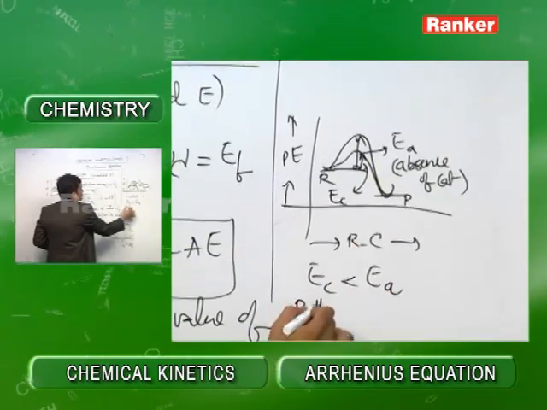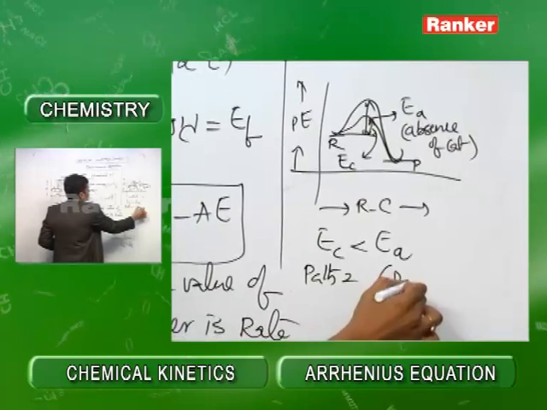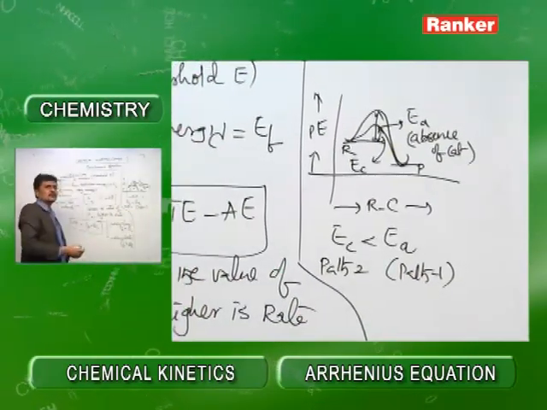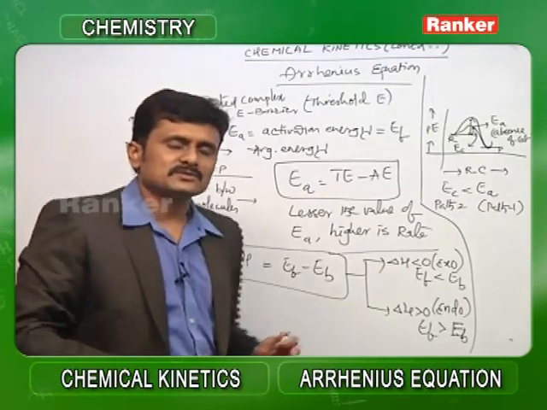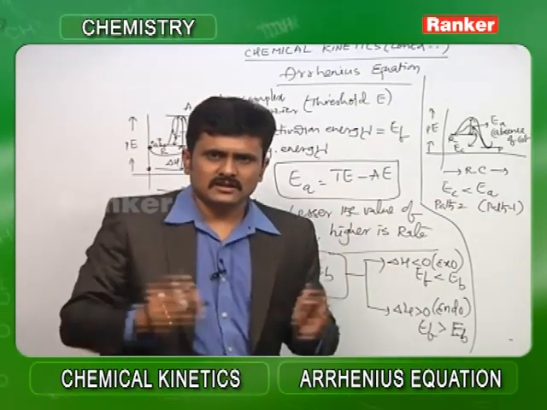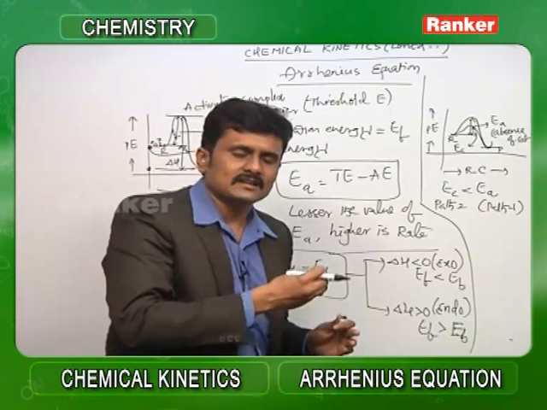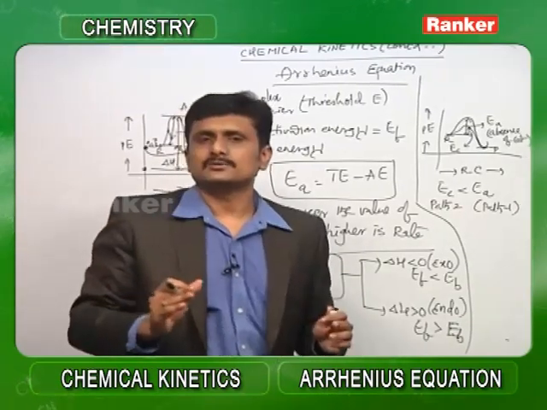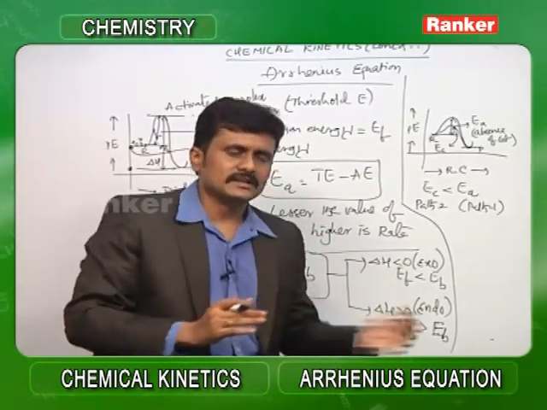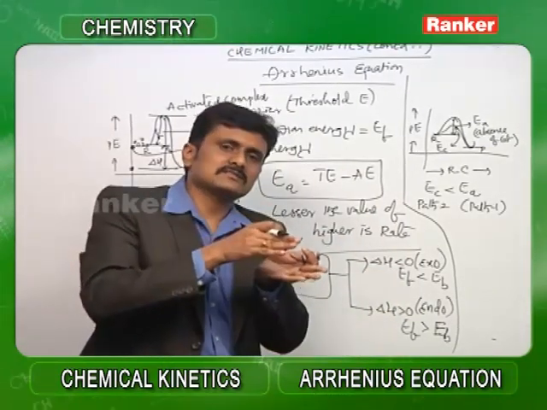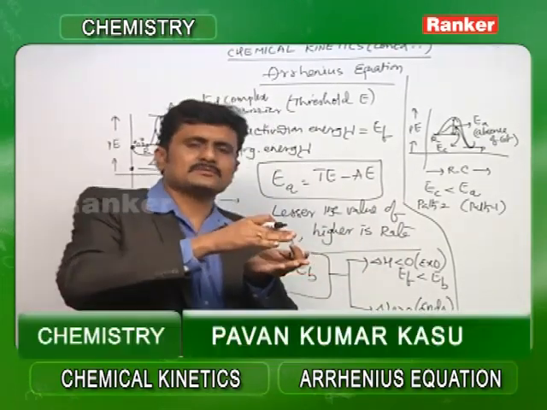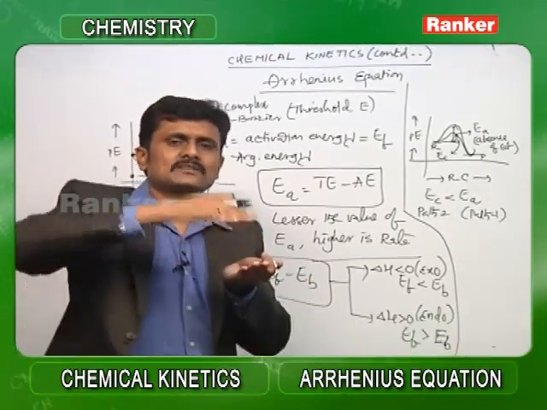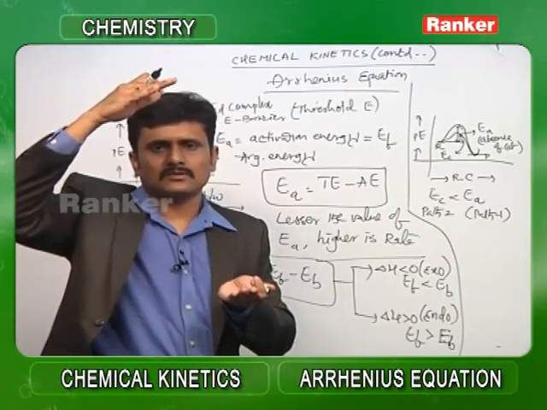So this catalyst is going to provide another path, another mechanism, another route where the activation energy happens to be a little lower. It is not depleting the activation energy of a particular reaction, rather it is suggesting you follow another path, another mechanism wherein the activation energy is less. When it comes to the poison, it will suggest a path wherein the activation energy will be more.